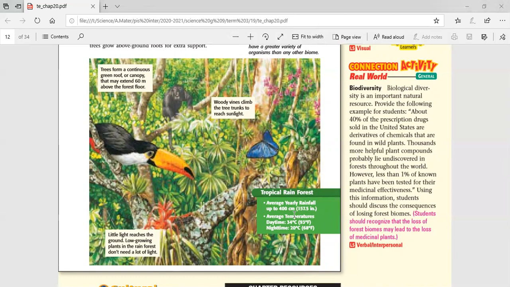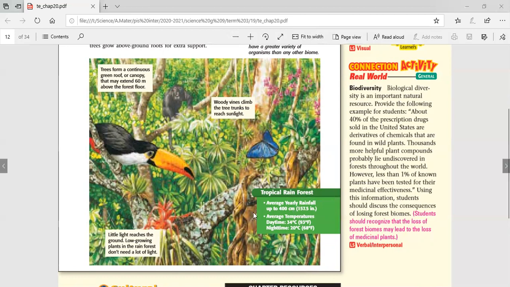This higher amount of water and the moderate temperature, because the range of temperature is from 34 degrees Celsius to 20 degrees Celsius, which is a good range of temperature in which most living organisms could survive. So that is a very good condition to allow a lot of living organisms to survive.